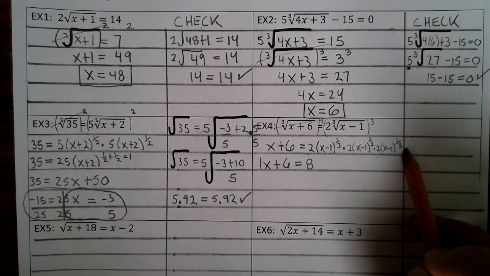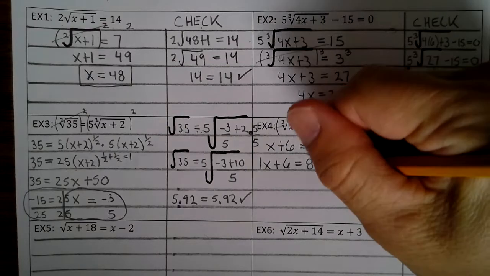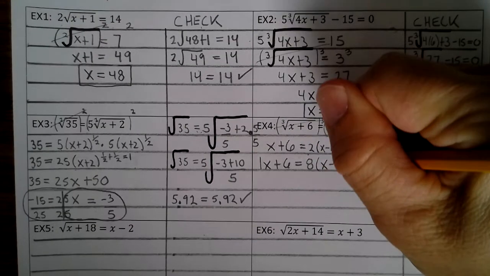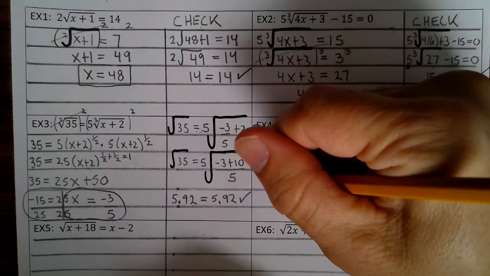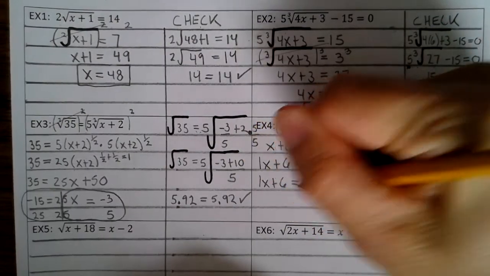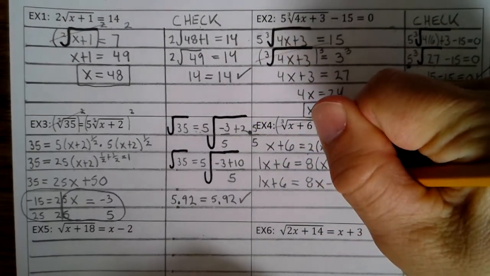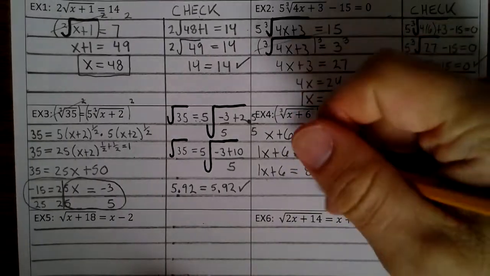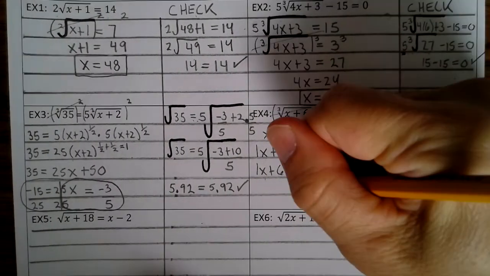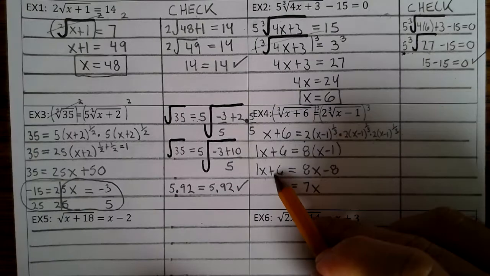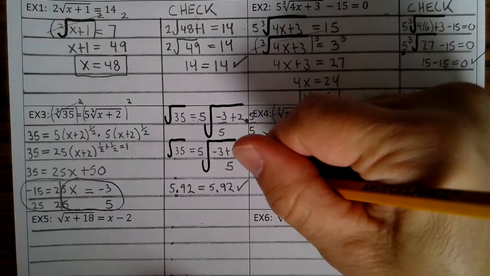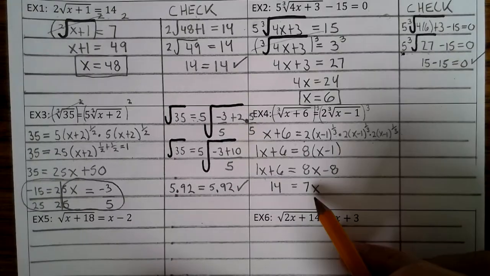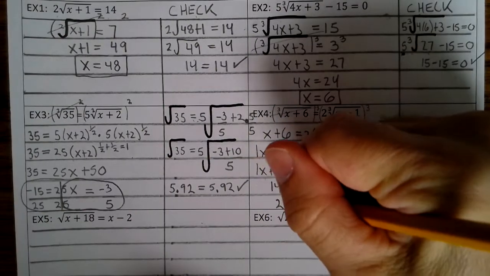So then we continue to simplify. That equals 8x minus 8. We subtract 1x from both sides. So that's 7x. And then we add 8 to both sides. That becomes 14. Divide both sides by 7. So 2 equals x. And then we need to check.